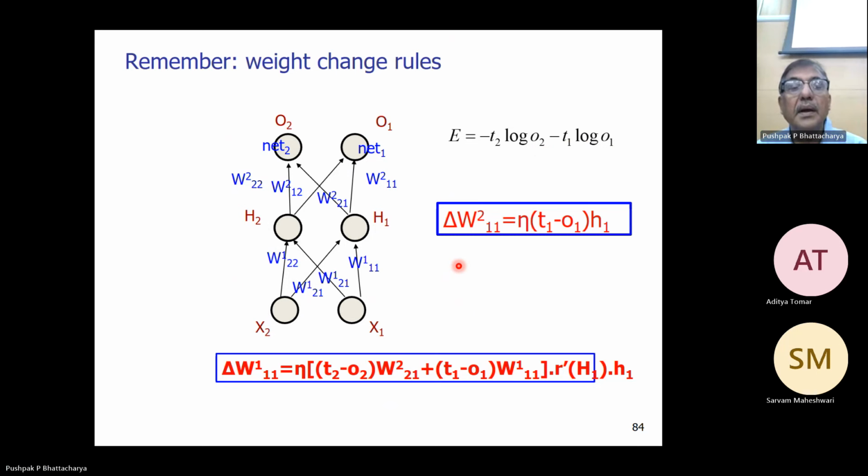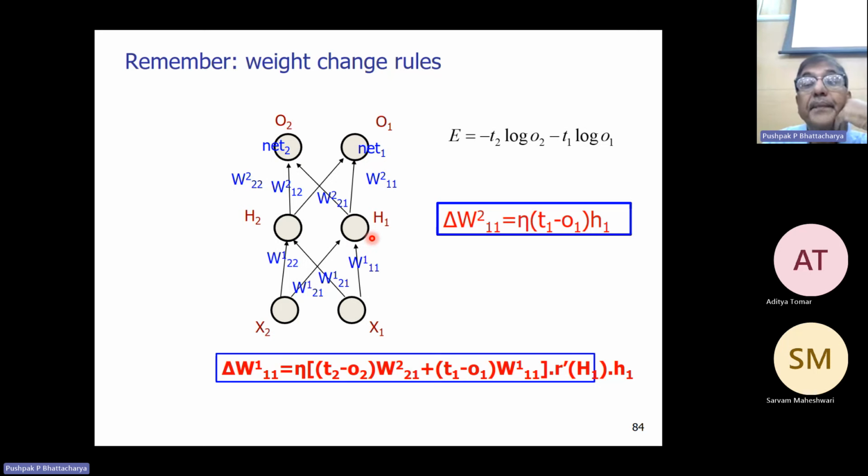We know that for Softmax and cross-entropy combination, the change in weight is learning rate into target minus output into the input. So if I take W11, where 2 means the second layer, the change in weight must be learning rate into T1 minus O1 into H1 by the universal rule.